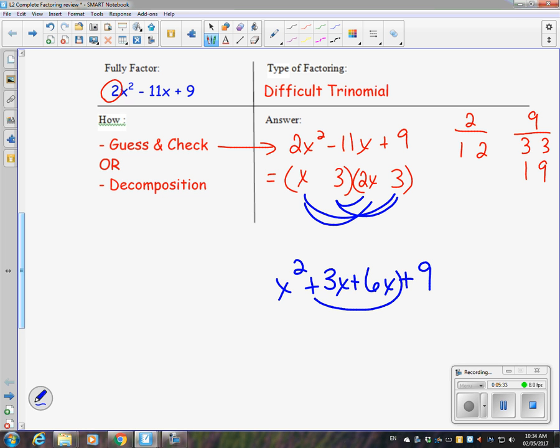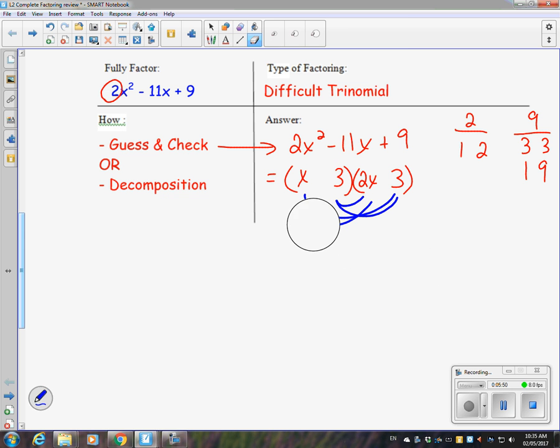If I put my x's together right now, I'd get 9. So that's not going to work. Even if I changed my signs to negative, I'm still going to get negative 9. So I guessed some numbers and they don't work. So I'm going to try something else. The only thing left to try is to switch to 1 and 9 instead of 3 and 3 for the 9.